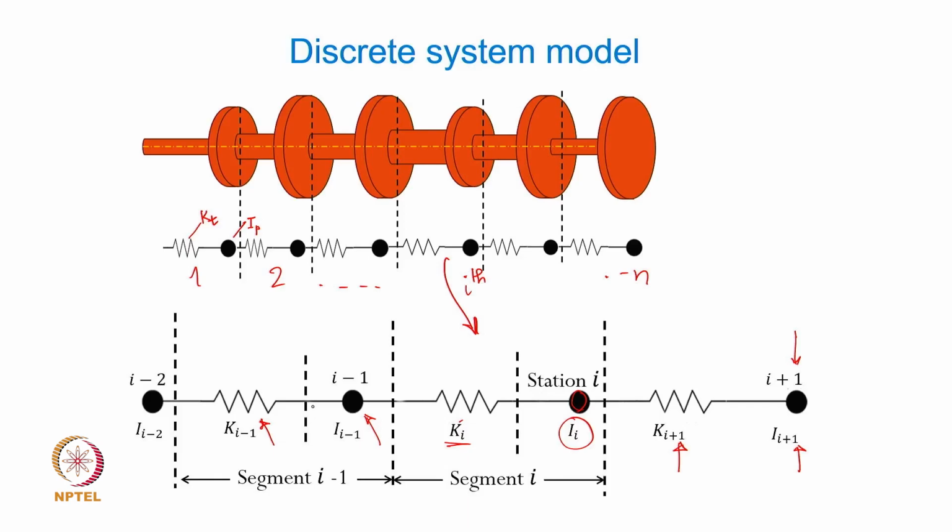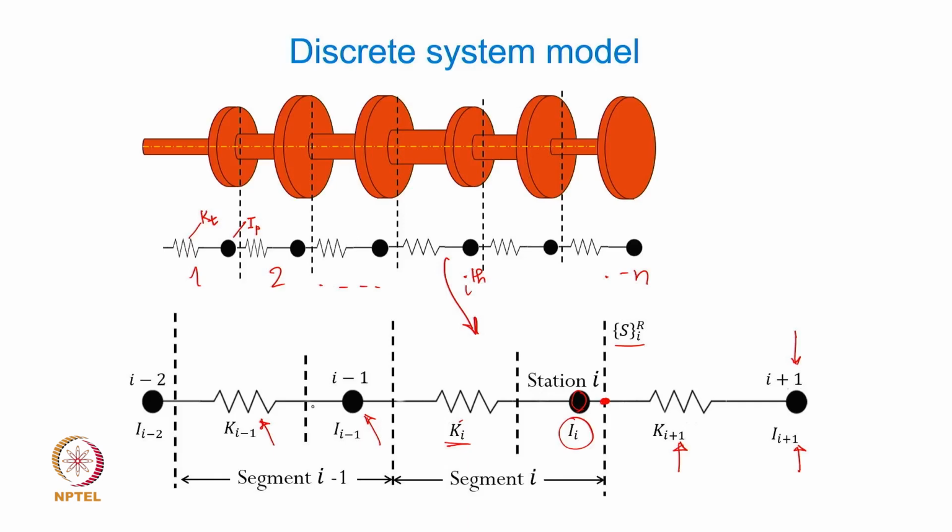Now the state of the system at these specific locations will be quantified and represented by a state vector S. So the state of this vibratory system at the location just on the right hand side of this inertia element, I am denoting as represented by a state vector of the ith segment on the right, SRi.